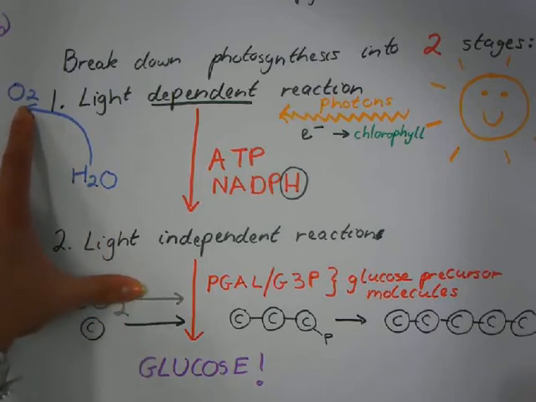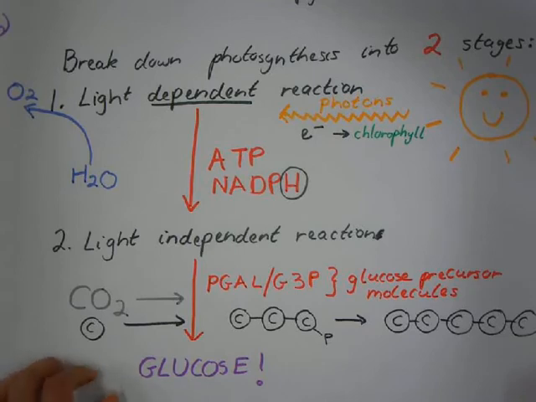Now just keep in mind, this is sort of interesting, oxygen is not actually needed for this. It's actually kind of produced as a waste product. And it's really important for us as humans and every other living, breathing thing on this planet that we have oxygen.